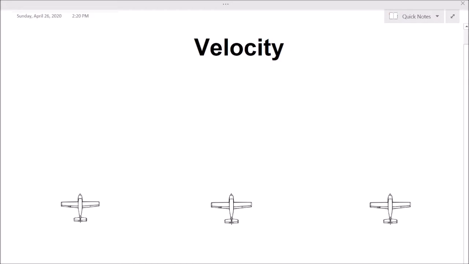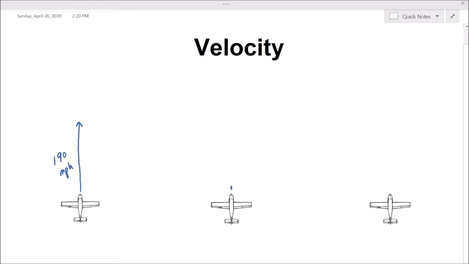Now let's talk about how velocity vectors can combine. And we've kind of talked about this in previous lessons, but let's go into a little further detail. So here we've got three diagrams of the same plane. And let's say with no wind, this plane would be going forward at 190 miles per hour. So its velocity vector is 190 miles per hour, right?